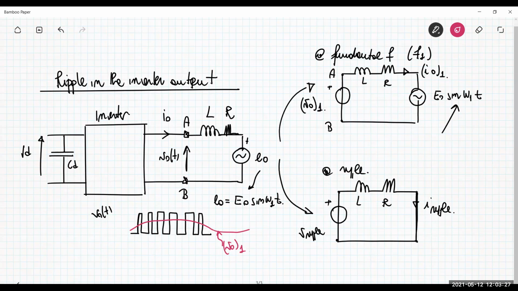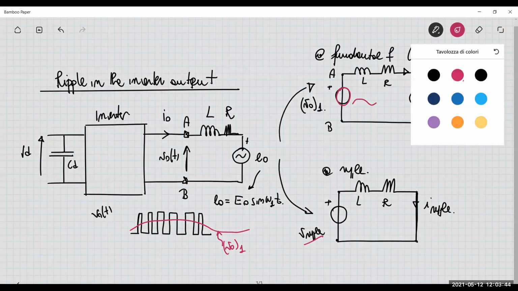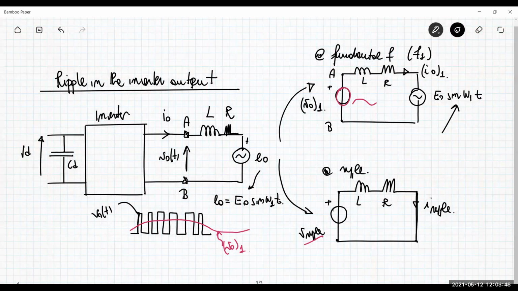My circuit here has the fundamental component, a sine wave, which is the red curve, and then you have the ripple, which is the difference between the total instantaneous voltage V0 and the fundamental component.